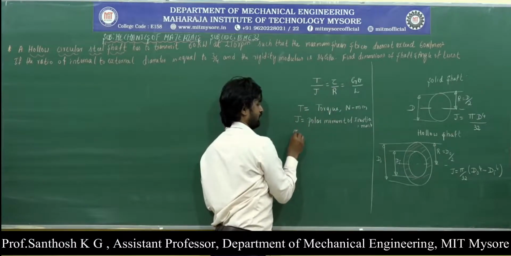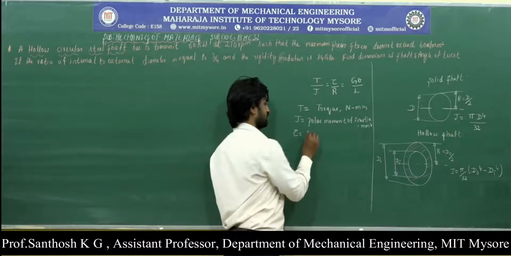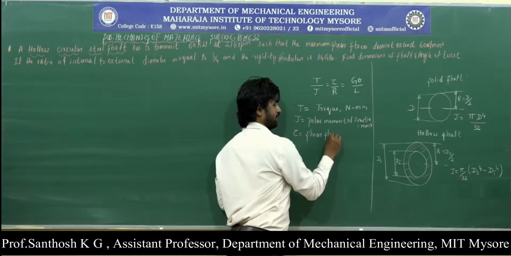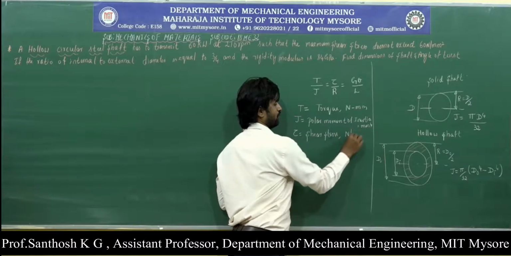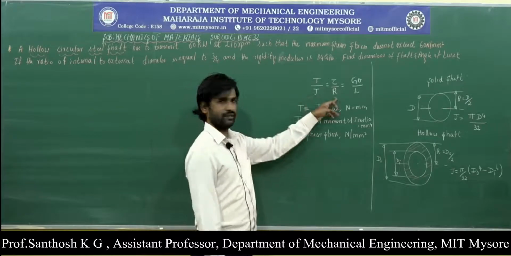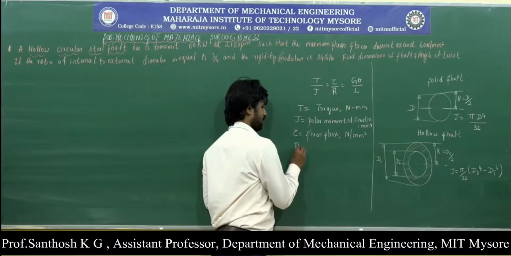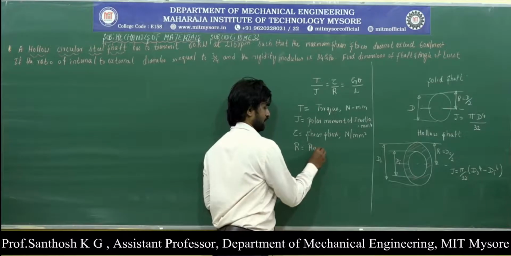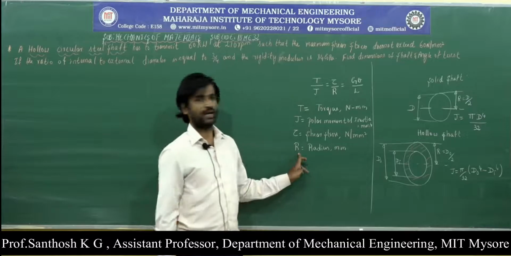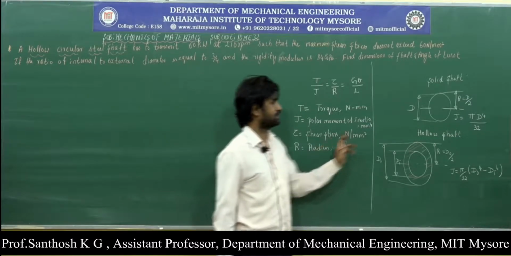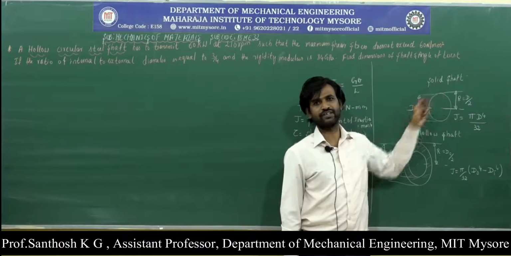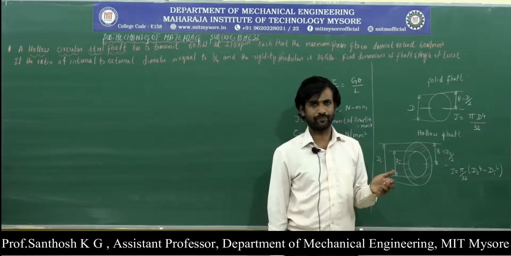Then we have tau, which represents the shear stress and it should be in terms of Newton per millimeter square. Then we have R, which represents the radius and it should be in terms of millimeter, and the value of R is equal to d by 2 if the given shaft is a solid shaft.